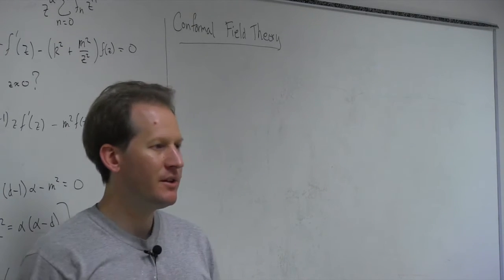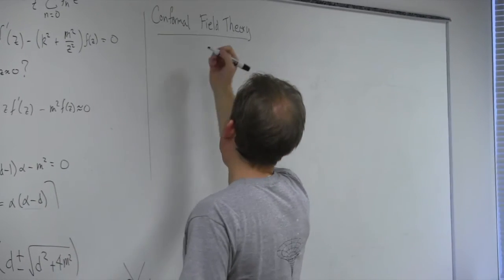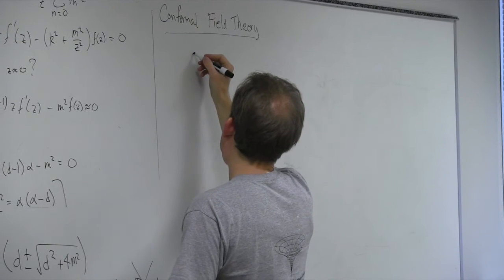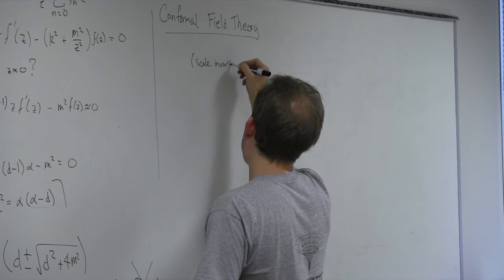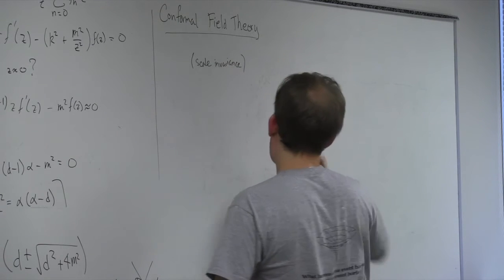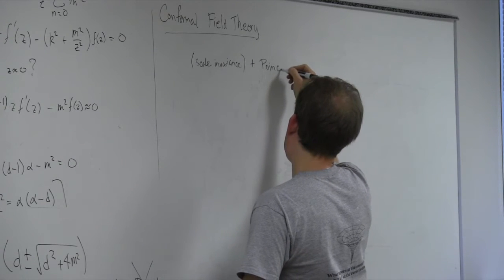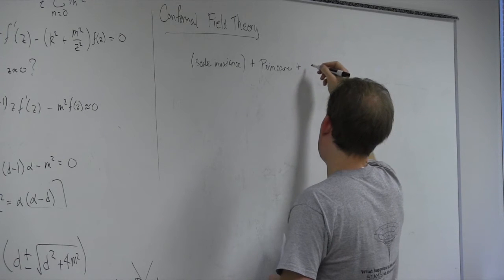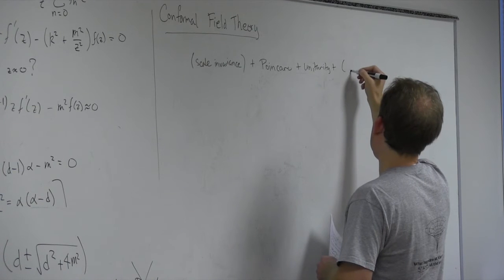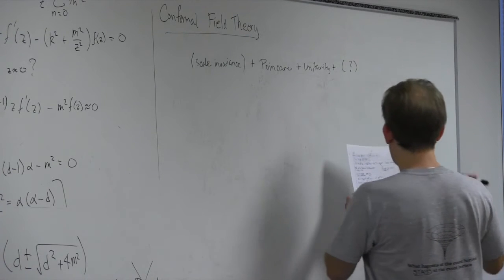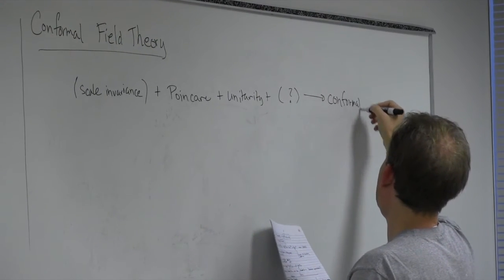Why might you be interested in studying these? Under various assumptions, if you have scale invariance, so that would mean that you're at the fixed point of some RG flow, for example, and Poincare, and unitarity, then it's unclear what other ingredients are really required, but quite generally, you get the full conformal invariance.